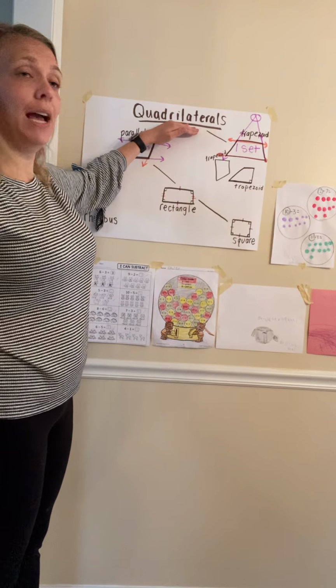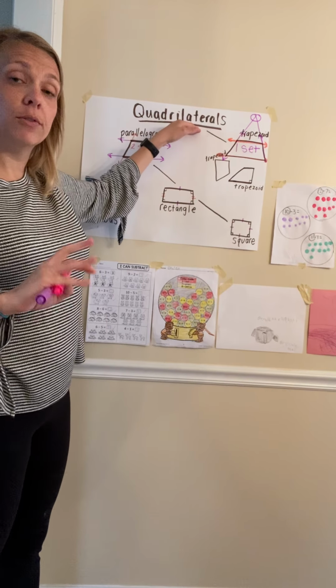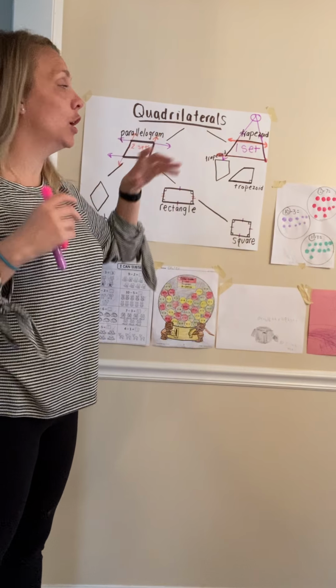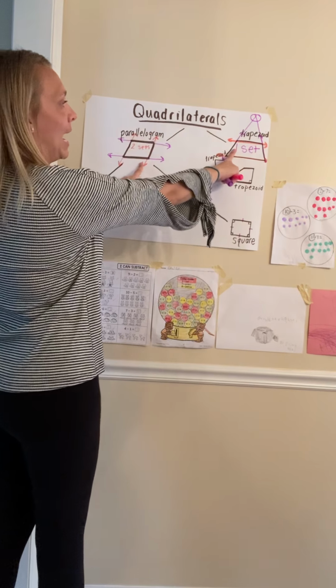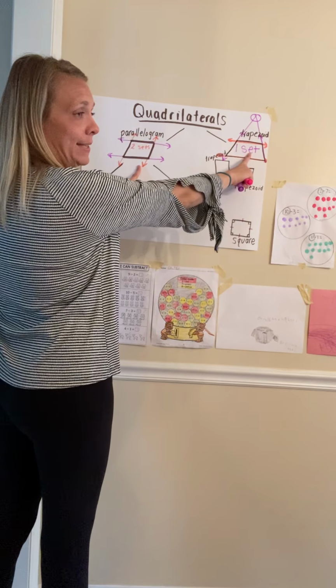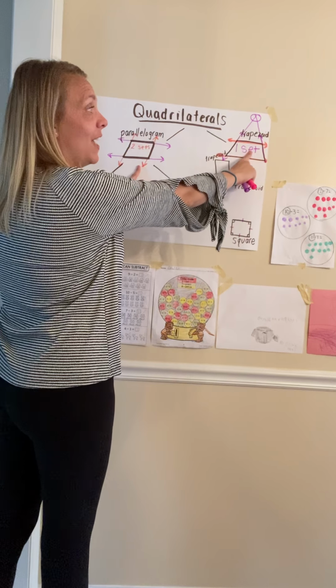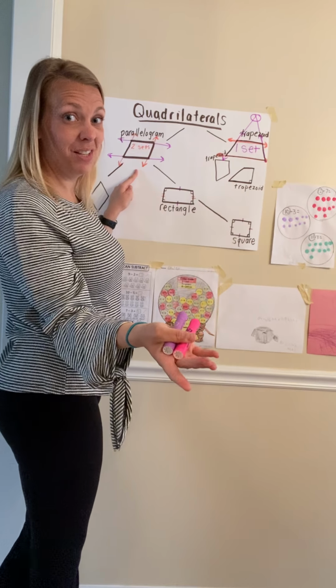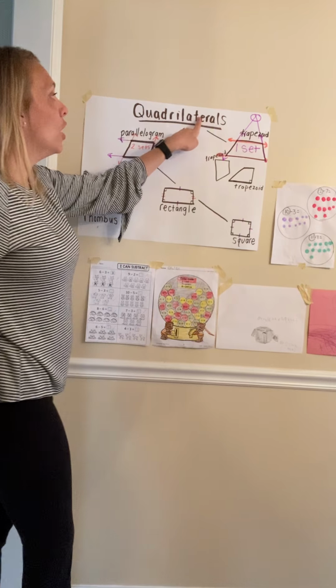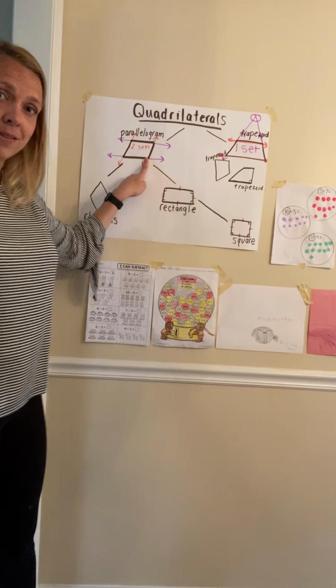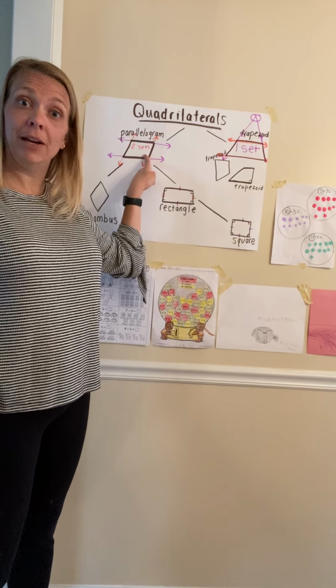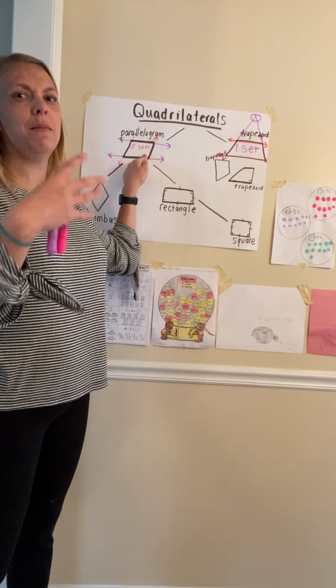So once you've decided that something is a quadrilateral, it's got four sides and it's closed, then you need to look at the sides. If there's one set of parallel sides, then you know it's a trapezoid and you can stop right there. If there are two sets of parallel sides, then you know it's a parallelogram and you're going to want to keep going.